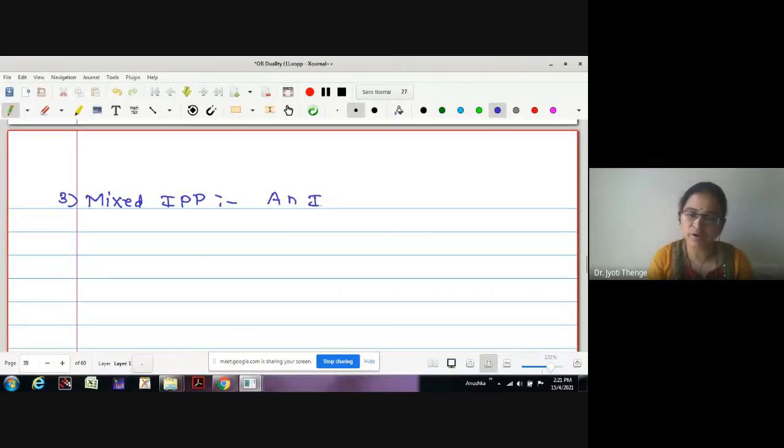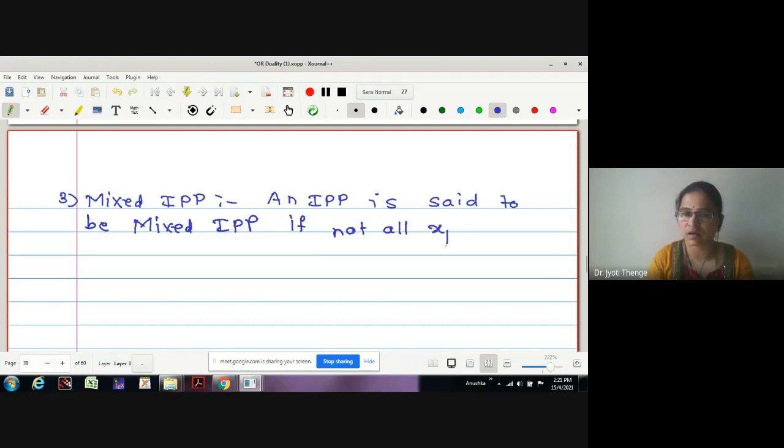An integer programming problem is said to be mixed IPP if not all xj belonging to x are integers. Not all means some of them are restricted to be integer value.